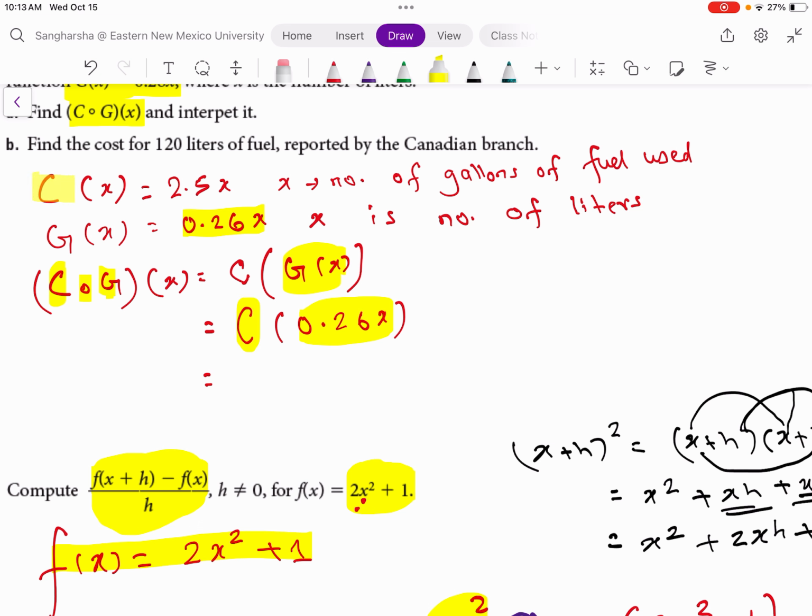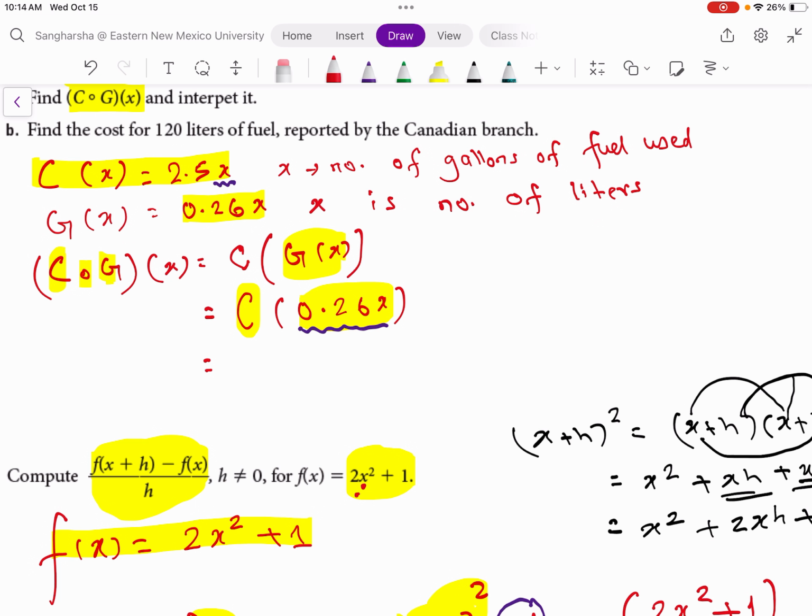So our C function is here, and replace X of a C function by this expression. So in the C function we have 2.5 times, you replace this X by 0.26x.